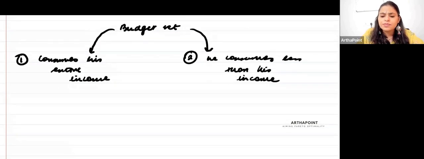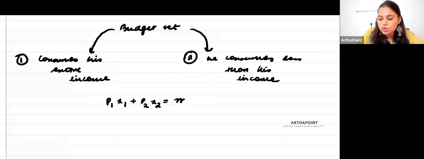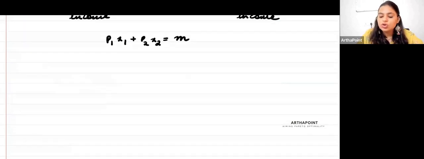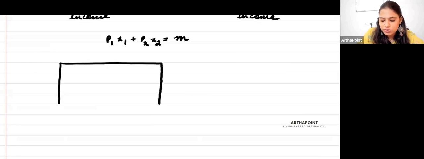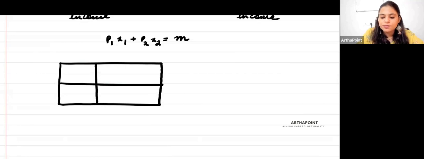But if I have to plot this, I can only start by plotting a line first. So, if I ask you how to plot P1 x1 plus P2 x2 is equal to M, you will tell me that I must find the extreme points. So what can I do? I can put x1 equal to 0.